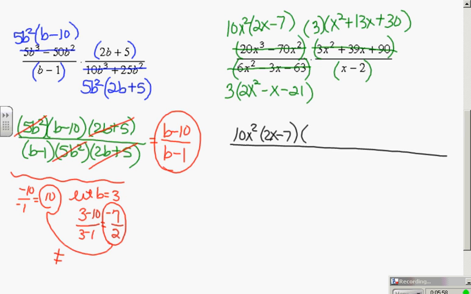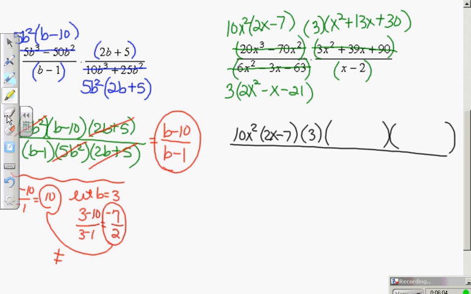So my 10x squared times 2x minus 7 can't be changed. My 3 is simplified, but now this part, and I'm going to color code this for you, this trinomial needs to be broken down into its two factors.